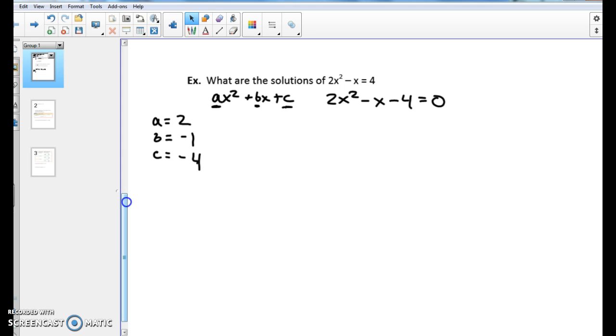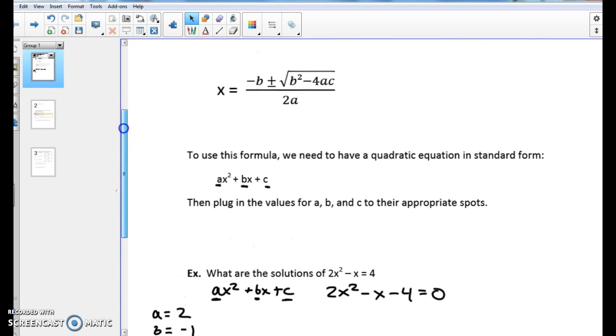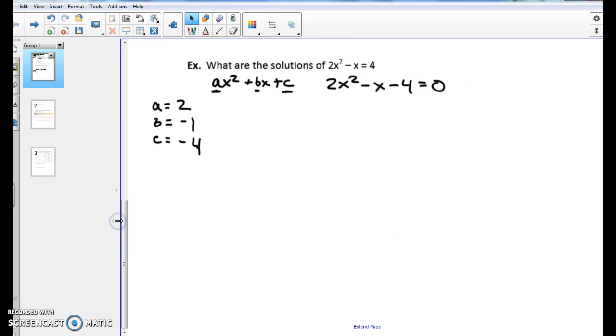Wonderful. Now, we're taking our quadratic formula, that big ugly thing from above, right? We're going to plug all of these a, b, and c values into that. So -b plus or minus the square root of b squared minus 4ac over 2a. Okay? So, notice that right off the bat, it's opposite of b.